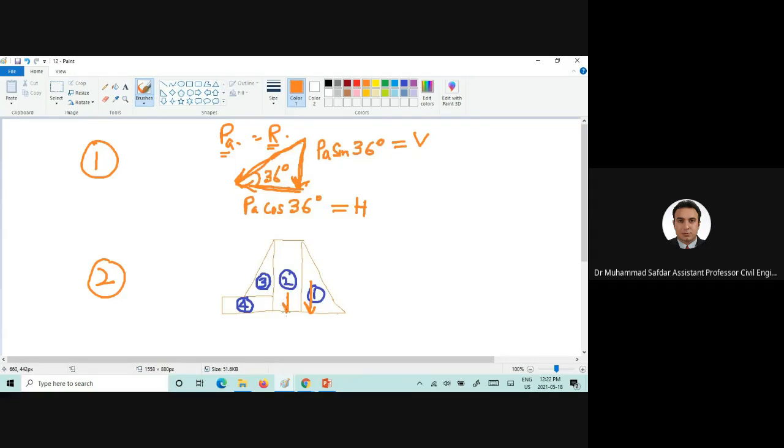This one would be acting at the mid here. Now this one would be acting 1/3 here, and this one would be acting at the middle. Now you need to find out the lever arm for this force, then for this force, then for this one, and at the end you will find out the lever arm for 1, 2, 3, and 4.